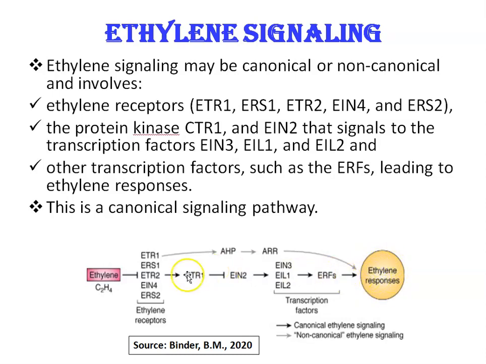So here we have ethylene, ethylene receptors, protein kinases, then transcription factors, then 2 other transcription factors, and ultimately ethylene responses. So this straight pathway is called the canonical signaling pathway, right?